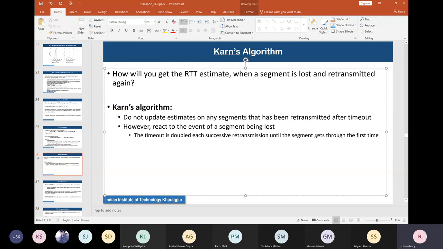So I will now have two parallel calculations. One is my global SRTT, RTO calculation, and the other is the calculation for these problematic segments which are being retransmitted. This is also widely deployed.